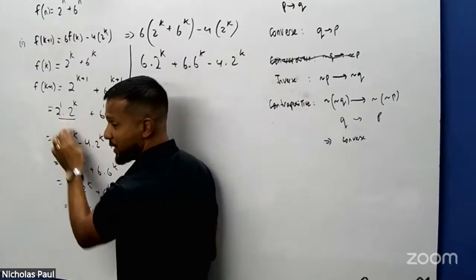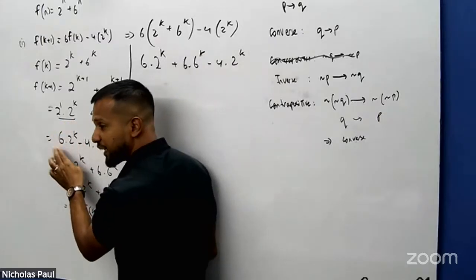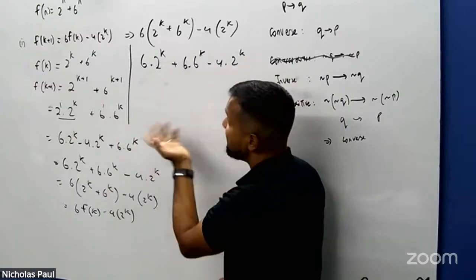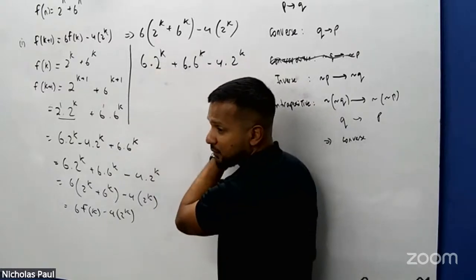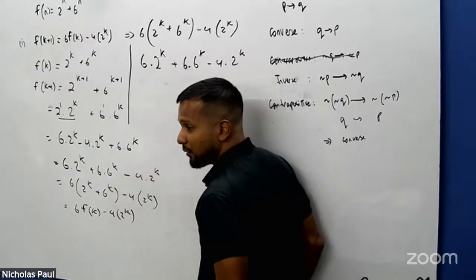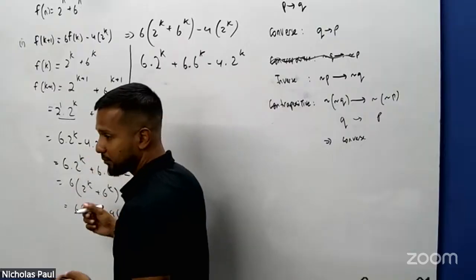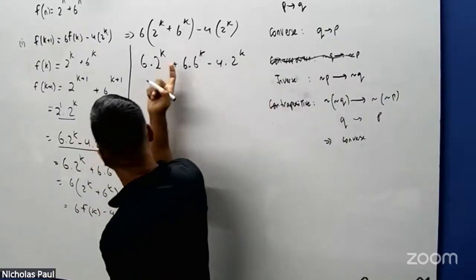So these two are the same thing. But the reason I chose 6 and 4 was because of what the answer was. If the answer needed 8 and 6, I would have done 8 minus 6. That was just because of the proof that I wanted to do.